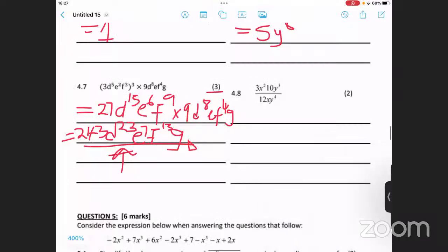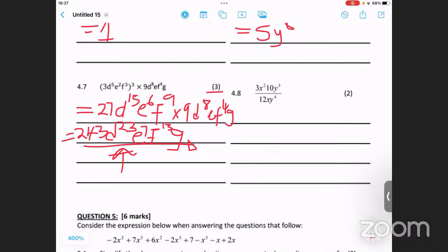I did exactly how Lukumo did it, but if you want me to repeat, I'll repeat. So I got 30 y to the power of 3, x to the power of 2, over 12 x y to the power of 4. I moved the y at the bottom and I moved the x to the top. So I got x to the power of 2 minus 1.